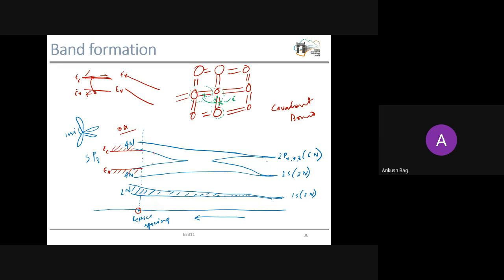So this is how we are creating this bond and making this electron hole pair. Now the next discussion is, with this generation, this is a thermal generation. So at 0 Kelvin, you know that this is completely empty and this is completely full.